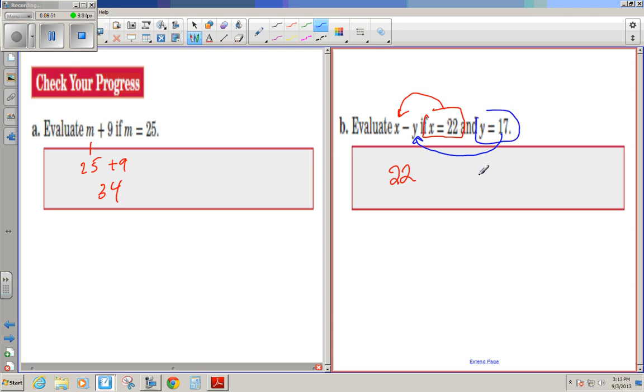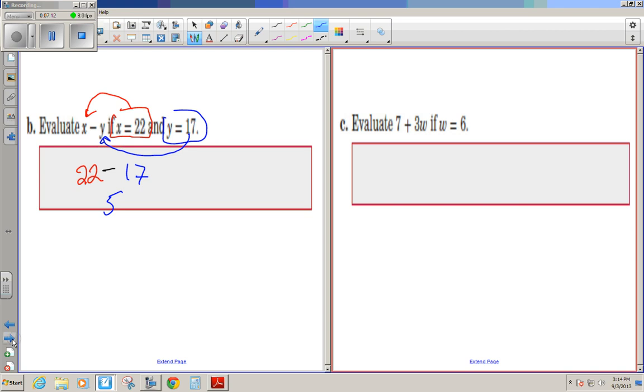You're subtracting your y value, which is 17. 22 minus 17 is 5. Same thing here. Putting a 6 in for w. W equals 6. Plug it in. 7 plus 3 times 6. Work it out the rest of the way. 7 plus 18 should be 25.